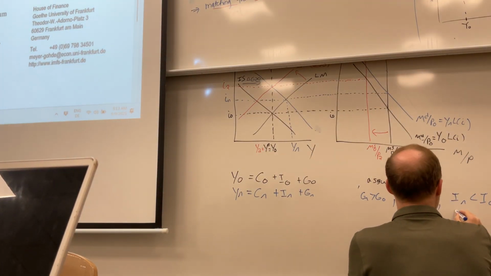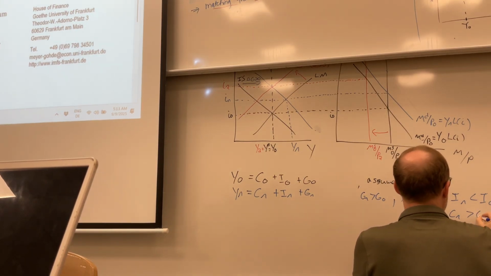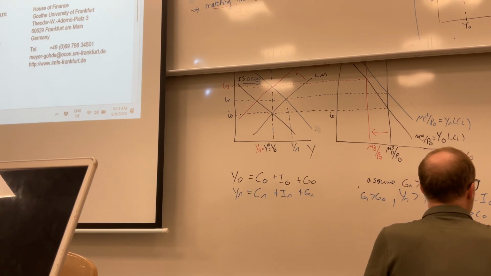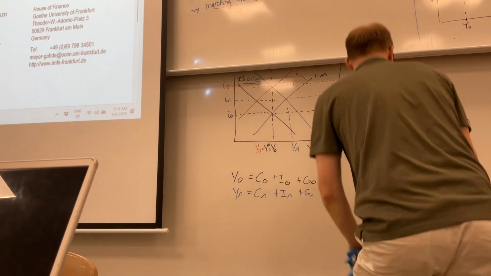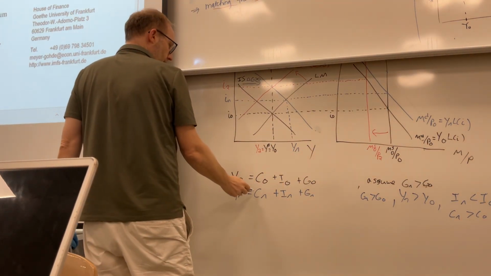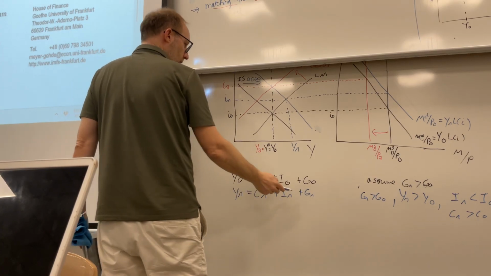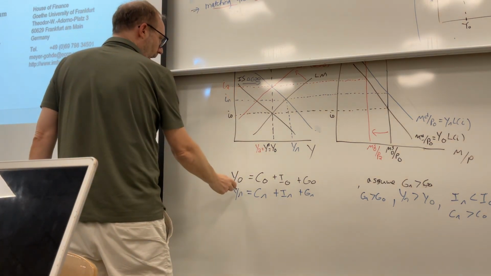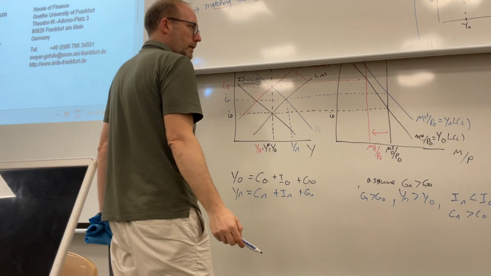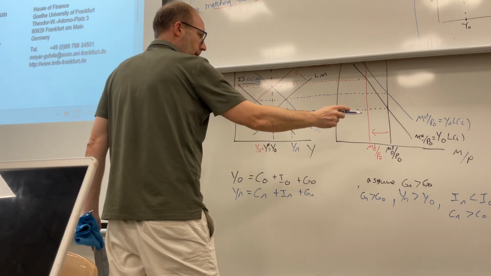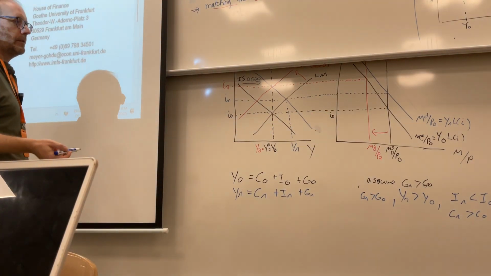If we look then at consumption, C1, we have consumption as a function of Y minus T. Y went up, so consumption must have gone up. So Y went up, consumption went up, G went up, but Y did not go up as much as it would have if interest rates had stayed constant, which means that investment must have gone down.